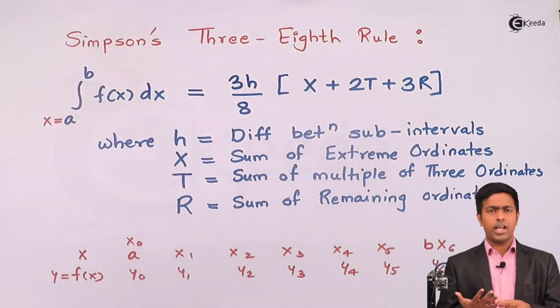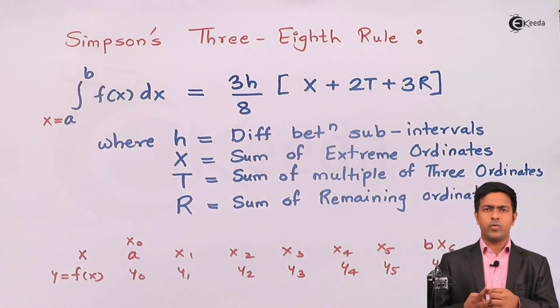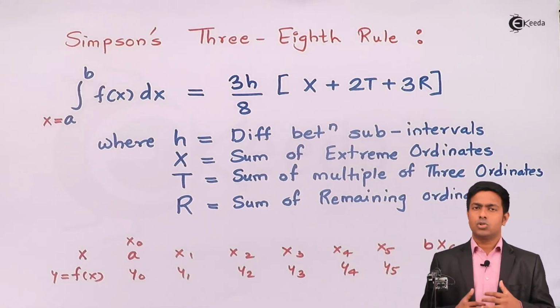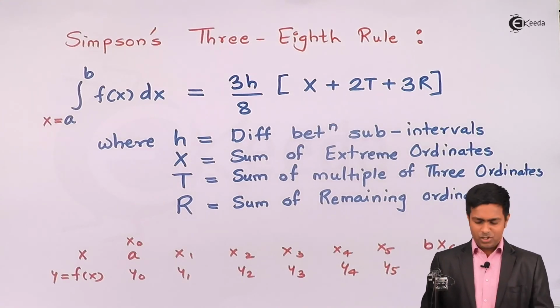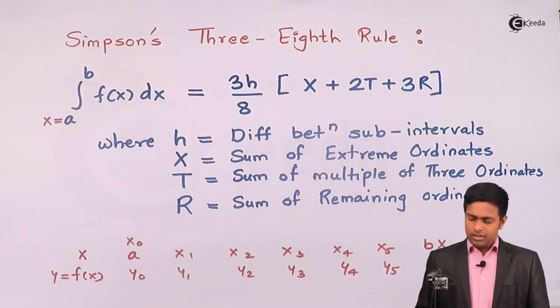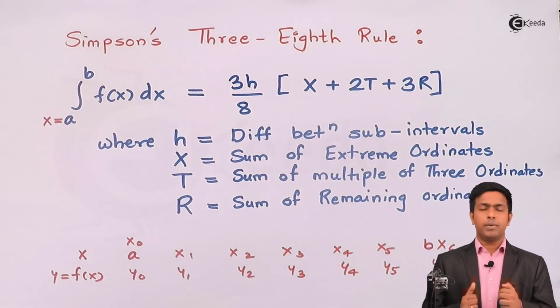Or we can have y3 as the last ordinate, or y9, y12, y15 and so on. All these ordinates are multiples of 3. So you have to take care that the last value must be a multiple of 3.